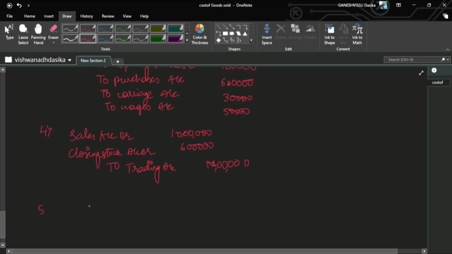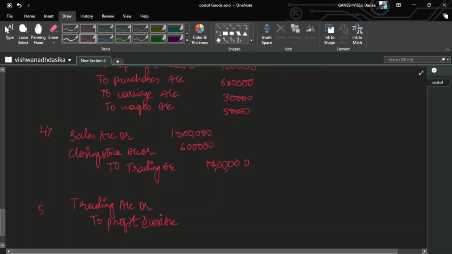Trading account to P&L account. Trading account to profit and loss account.